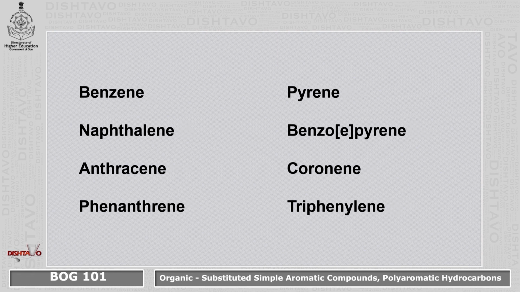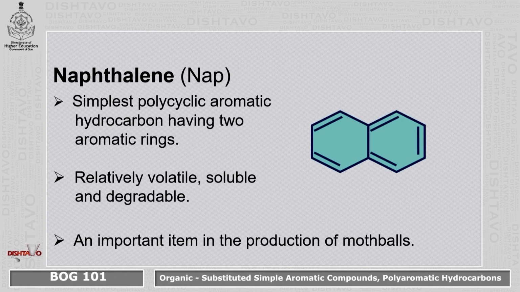Now, these have all arisen from the parent compound, which is benzene. The first and the simplest polycyclic aromatic compound is naphthalene, having two aromatic rings. It is relatively volatile, soluble, and degradable, an important item in the production of mothballs.